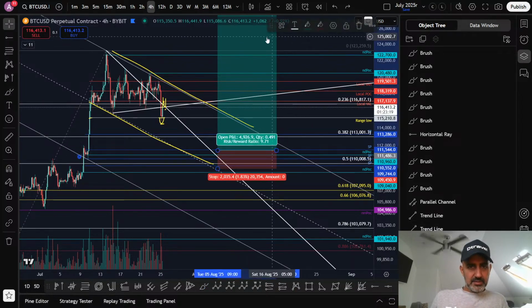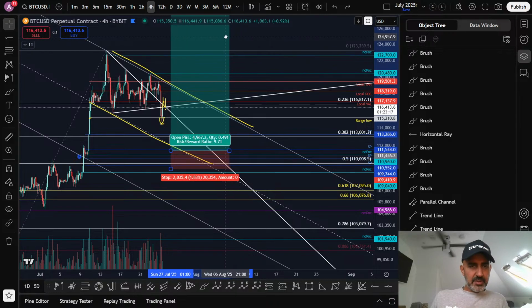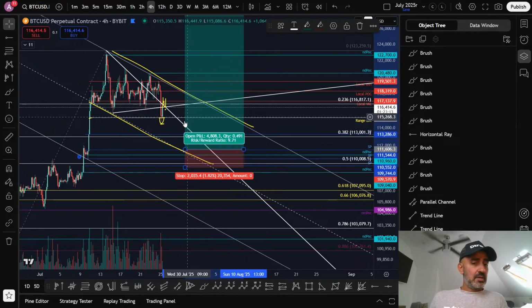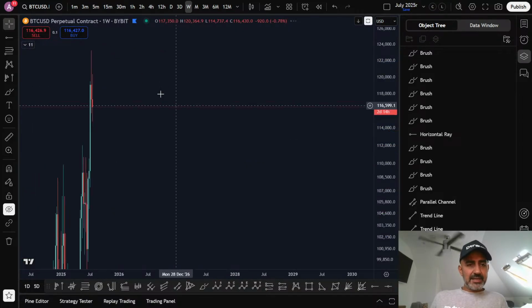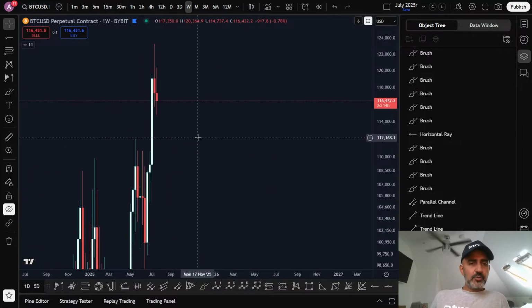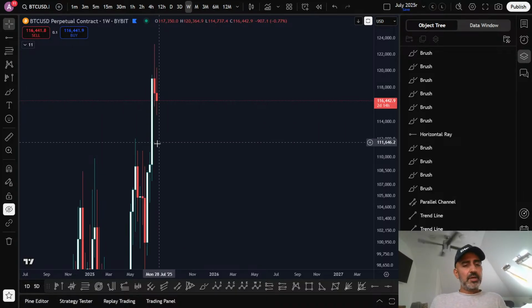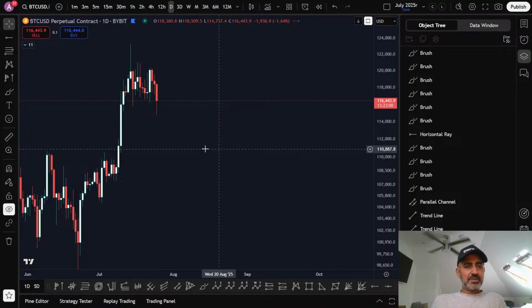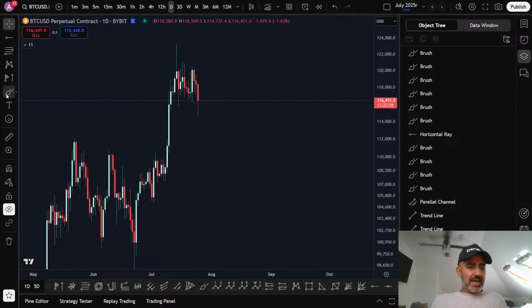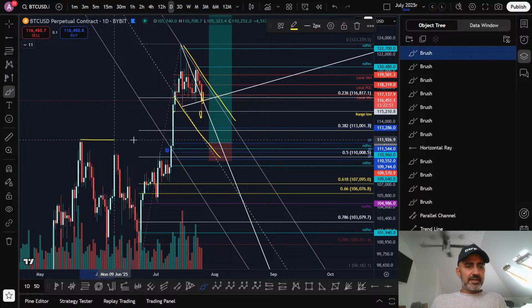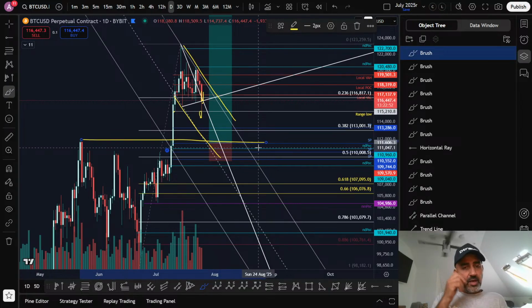It'll be next week. Do we have a drop next week just to capture that liquidity? It's possible. Looking at these weekly candles, it's possible to get one single drop next week, just to catch that liquidity and test this breakout level, which is kind of what I'm hoping for.